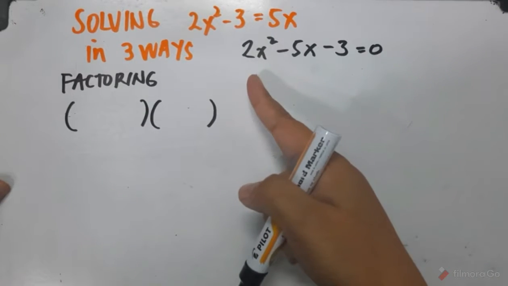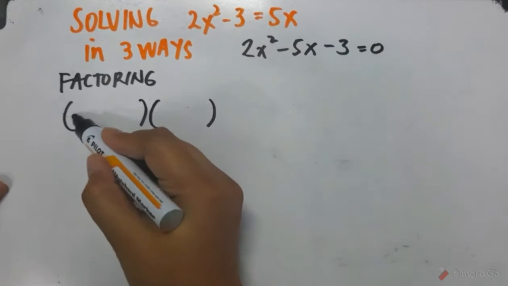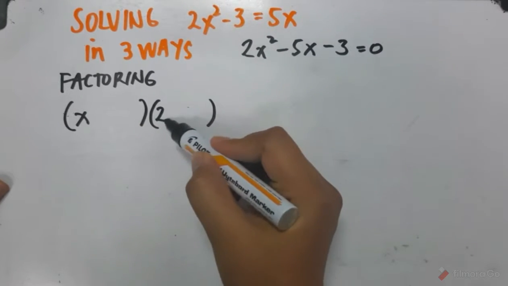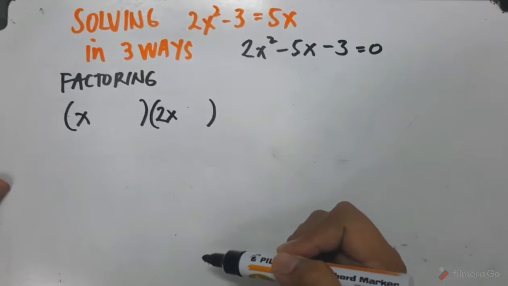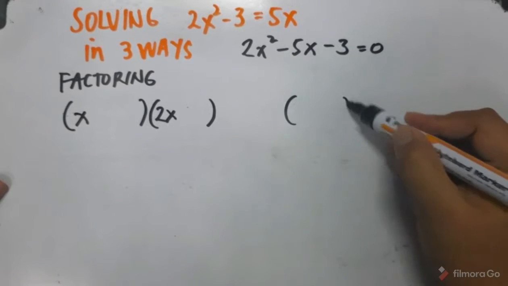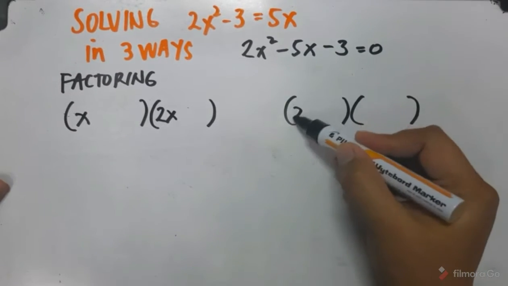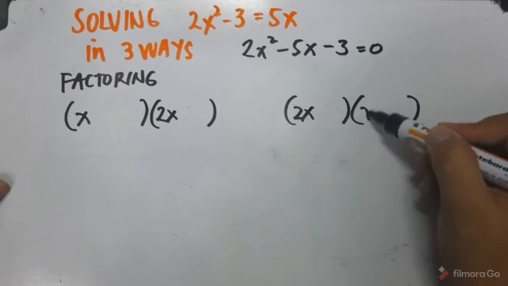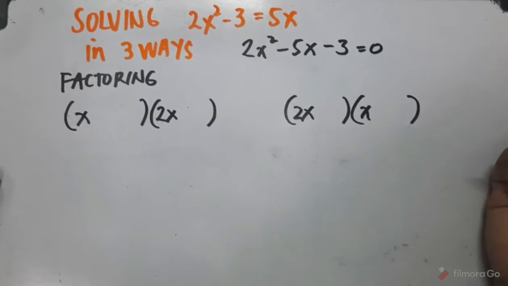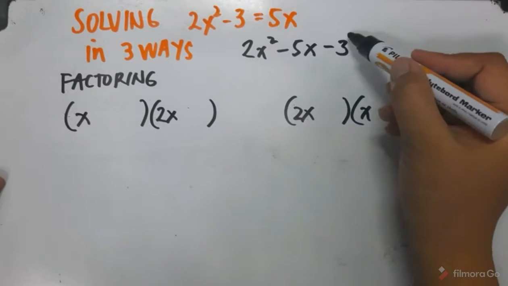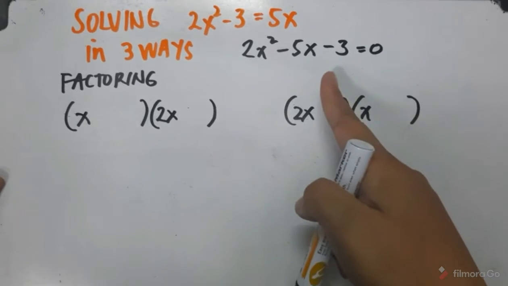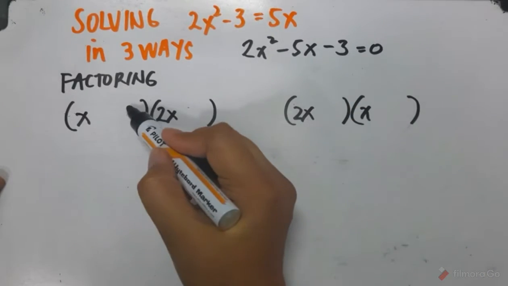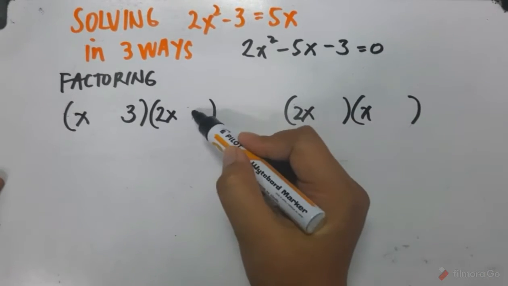So, we can use x, and then here we have 2x, or we may have 2x and then x on the other side. And then the factors of negative 3, we may use positive 3 and negative 1.